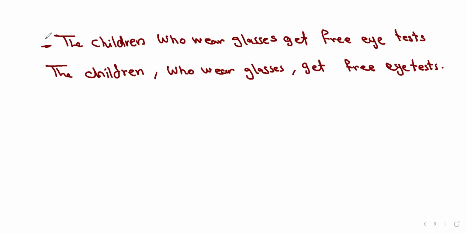The first one, the children who wear glasses get free eye tests. Without commas, this is a defining relative clause. Here, only those with glasses will get free eye tests. Not all the children. But the second one is a non-defining relative clause. The children, who wear glasses, get free eye tests.